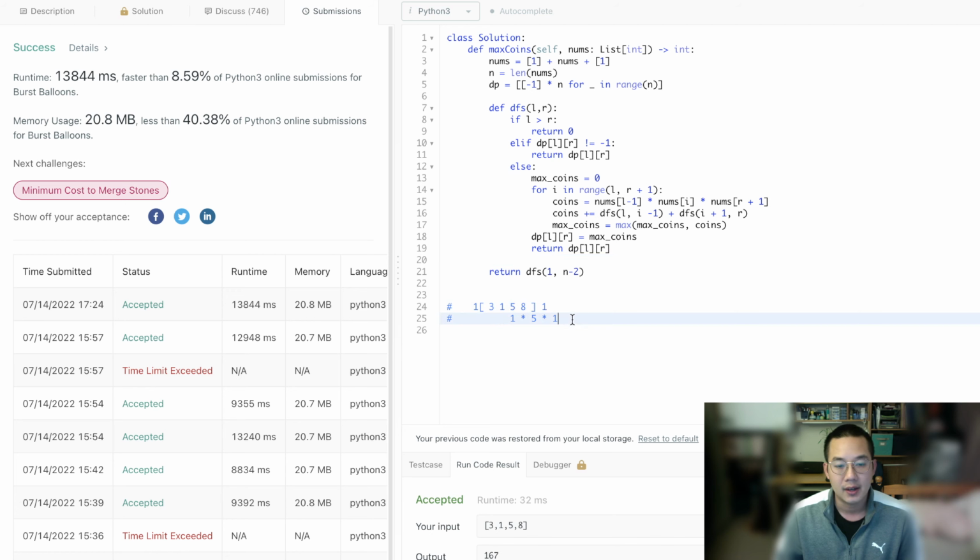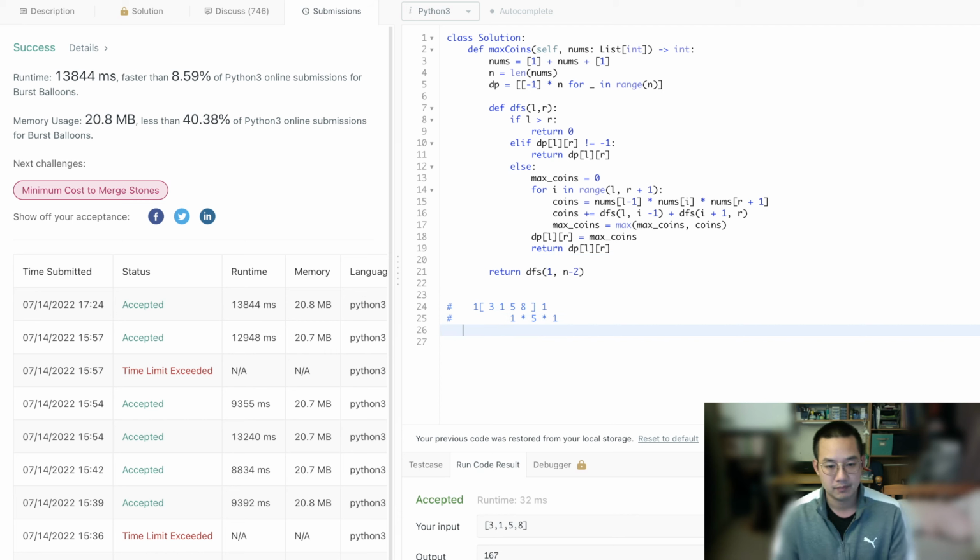In the second loop, what we're left with is 1, 5. In this particular situation, we have 3, 1, and 8, and we're doing this for each item, so n minus 1 all the way down to n.